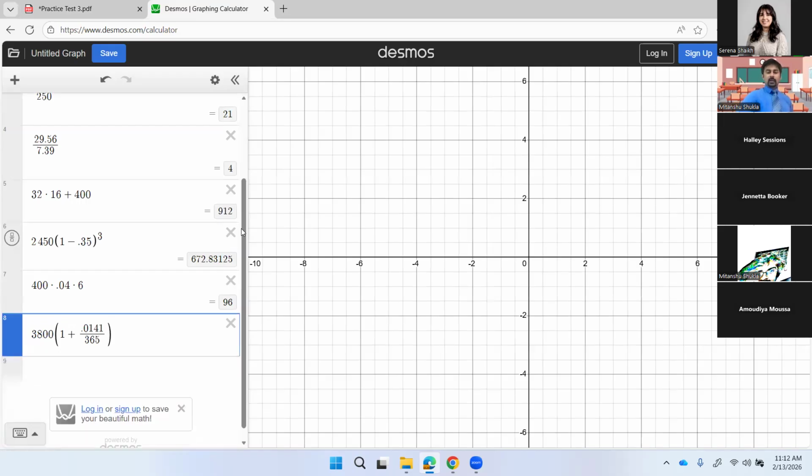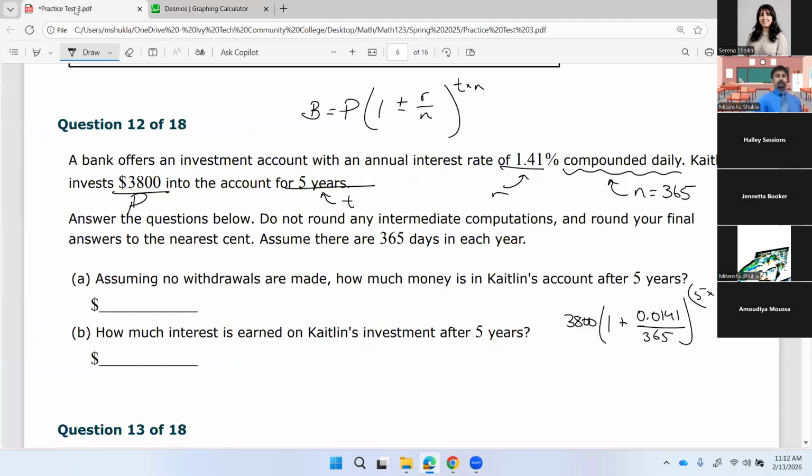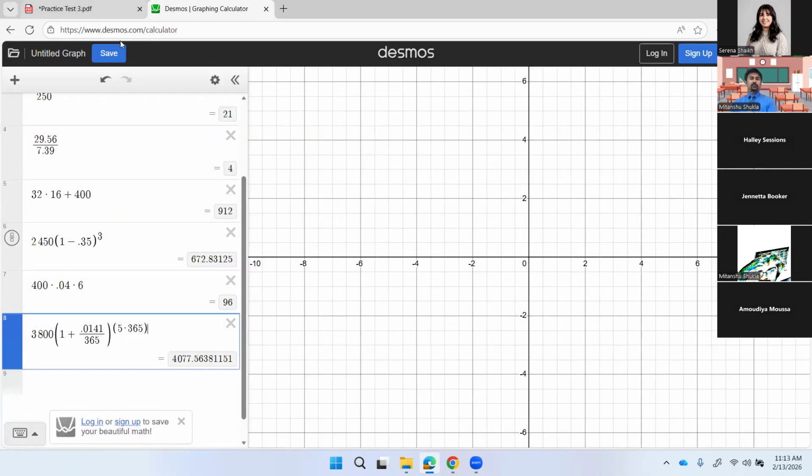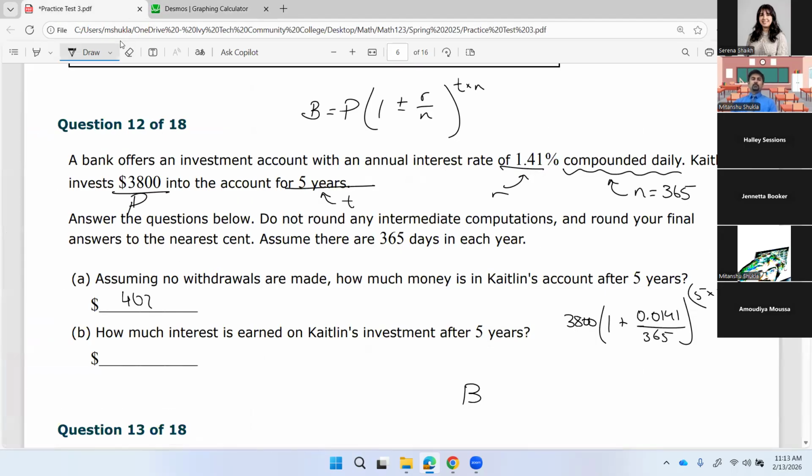And I know that I want to save for 5 years, and it's being compounded 365 times a year. I have $4,077.56. Okay.